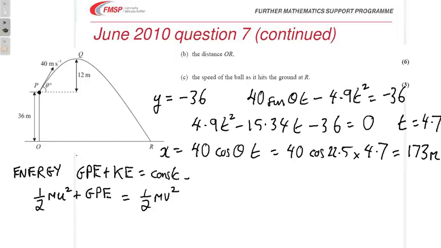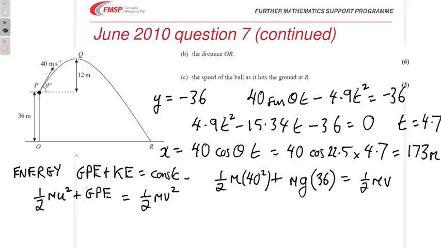Putting the numbers in there then, 1/2 m 40 squared plus m g 36, that's right, h, equals 1/2 m v squared at the ground.